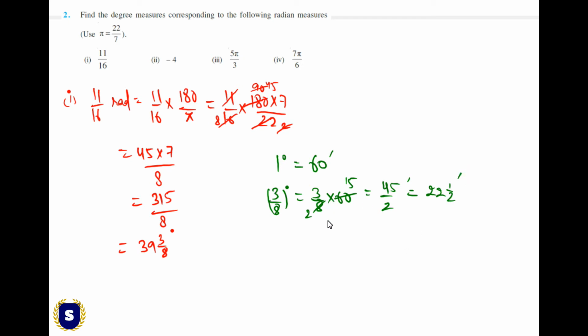Yeah. So we'll convert this half minute into seconds now. Half minute into seconds, we'll multiply it by 60 because 1 minute is equal to 60 seconds. So this will become 30 seconds. That means 3 by 8 degree will become 22 minutes and 30 seconds.